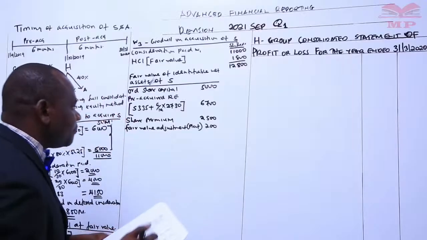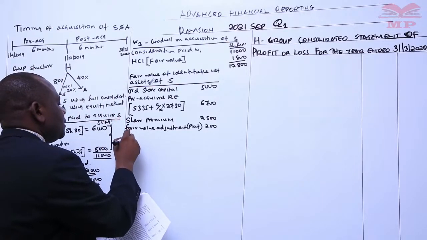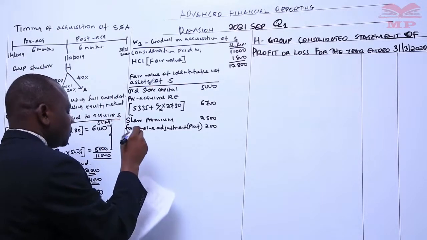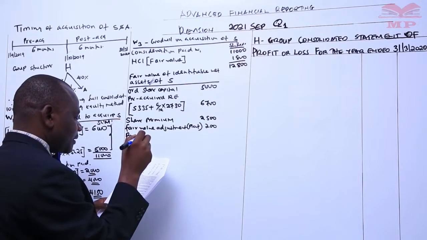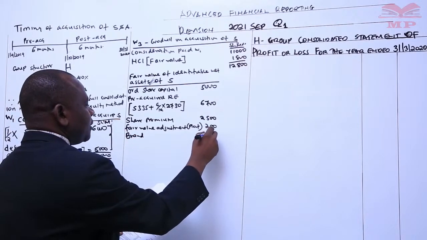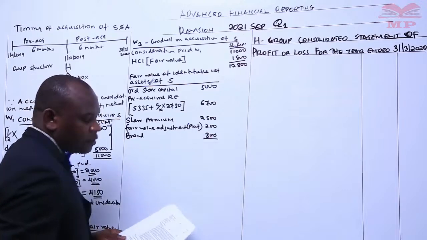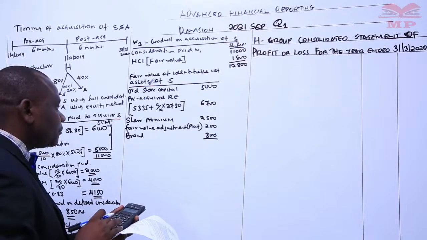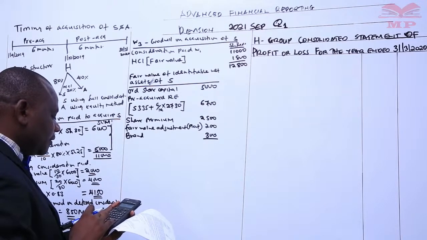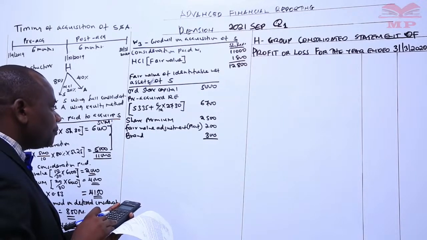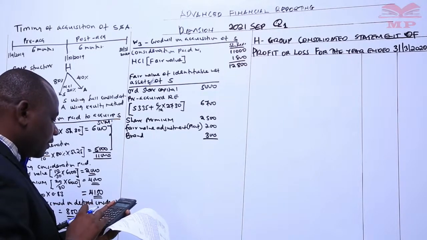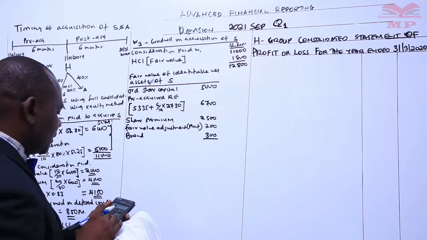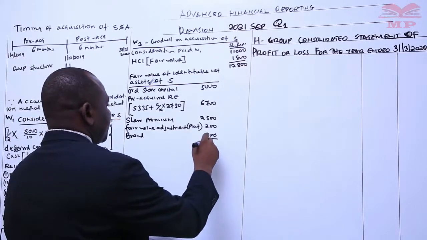So again, there is a brand being introduced at the date of acquisition, brand of S, 300. So total fair value of net assets is 5,000 plus 6,700 plus 2,500 plus 500, giving us 14,700.